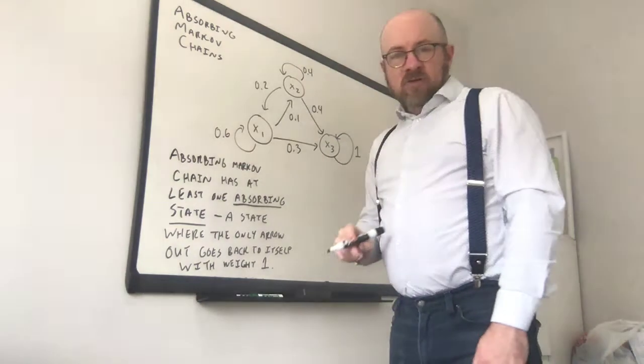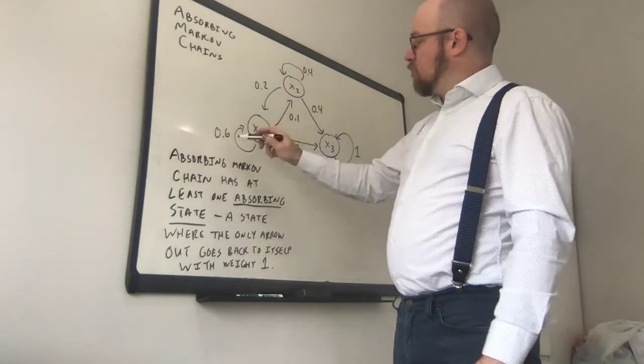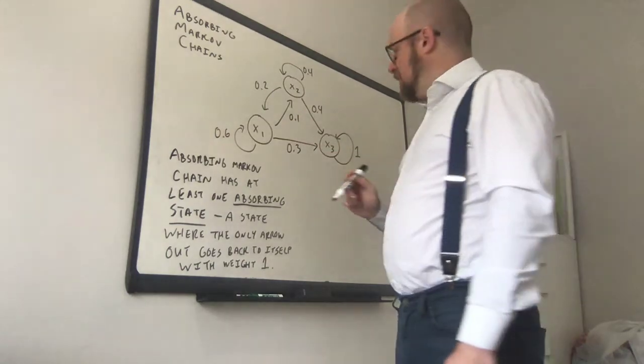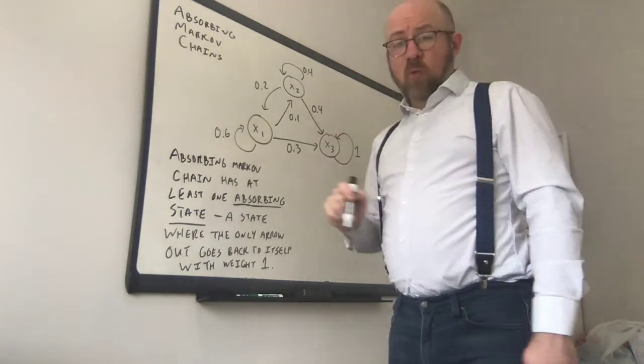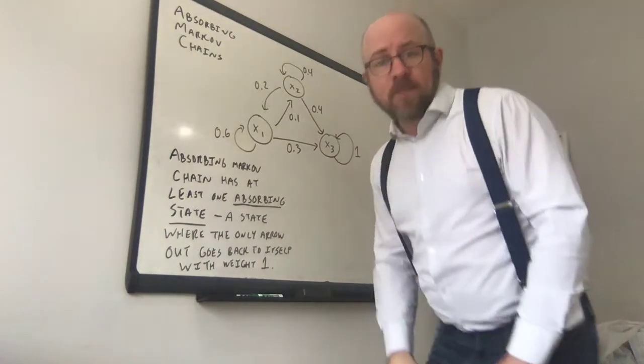So all the arrows going out still add up to 1: 0.1 plus 0.6 plus 0.3. It's still a Markov chain. X sub 3 just has this one arrow going out. It doesn't have anything going to x2 or x1.